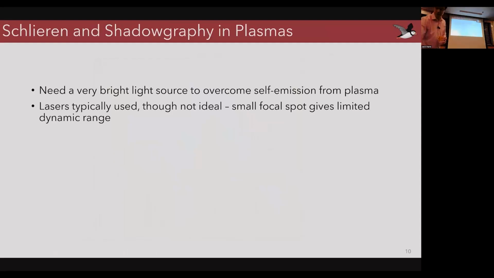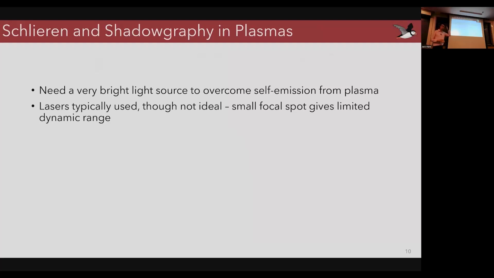But we, of course, are interested in plasmas. We talked about this a little bit in the last lecture, but remember that we need a very bright light source to overcome the self-emission from a plasma. That means we really have to go to a laser. We just don't have any other light sources that are great. Lasers are actually not ideal for any of these techniques. You really want to have a nice large focal spot. That turns out to be true for shadowgraphy as well, but we didn't really go into why.